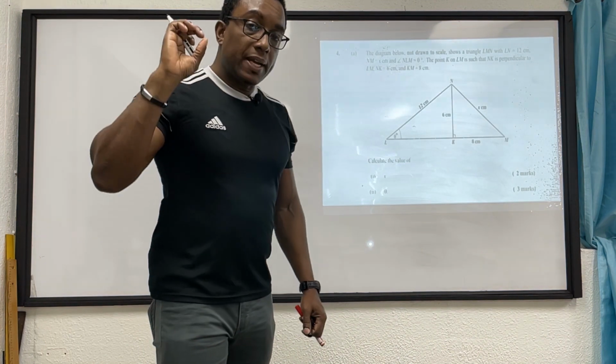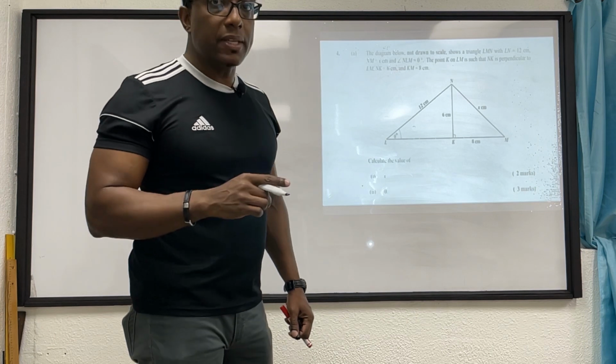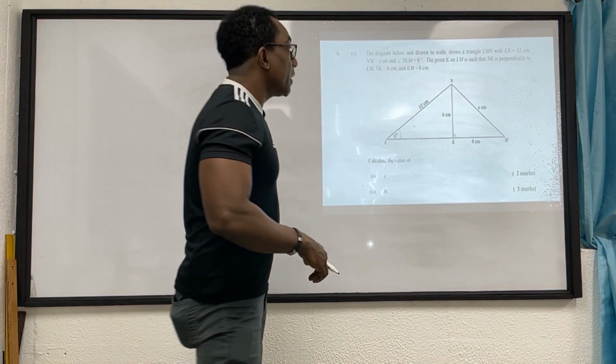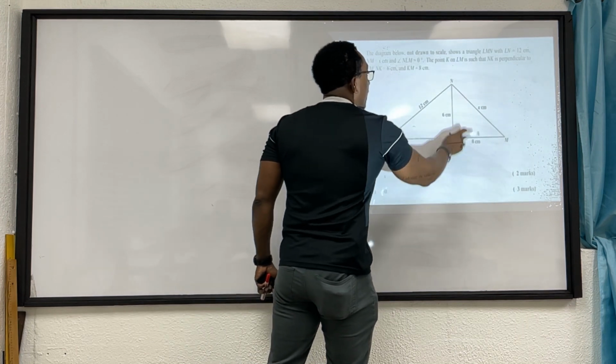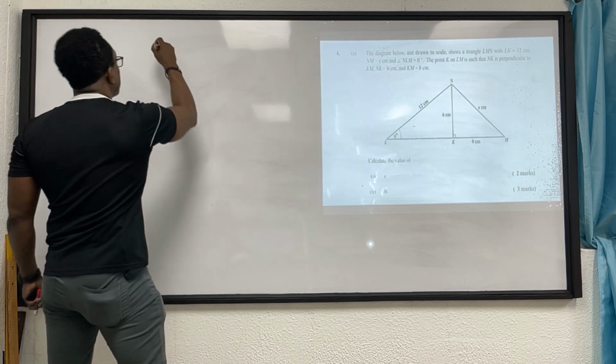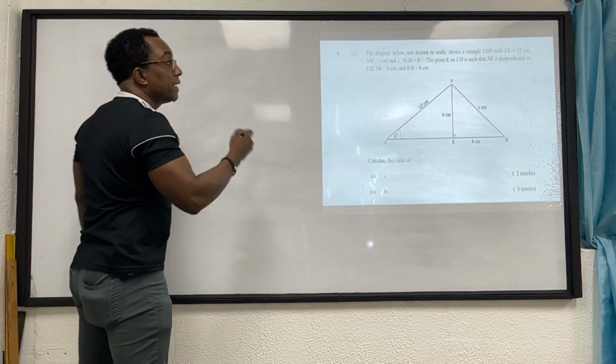But again, Pythagoras theorem is only used to determine the length of a side of the right angle triangle, provided two other sides are given. So for part 1, to find X, I'm going to start by naming the triangles.